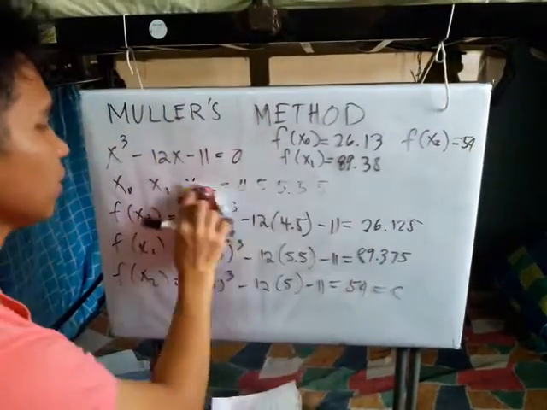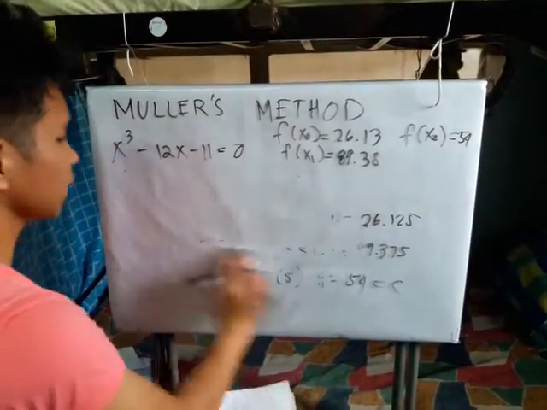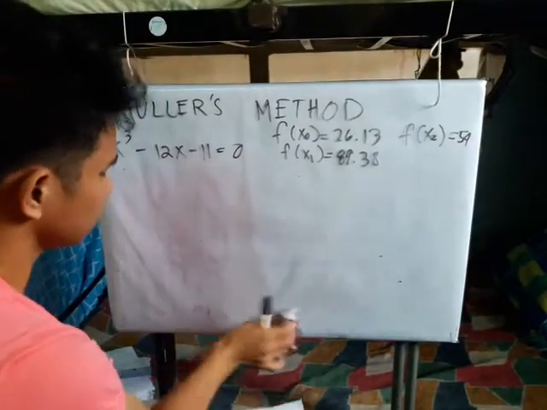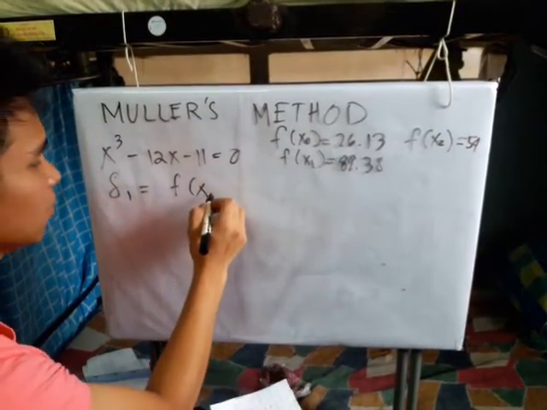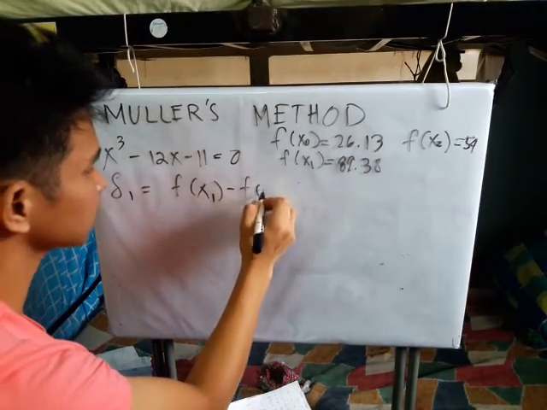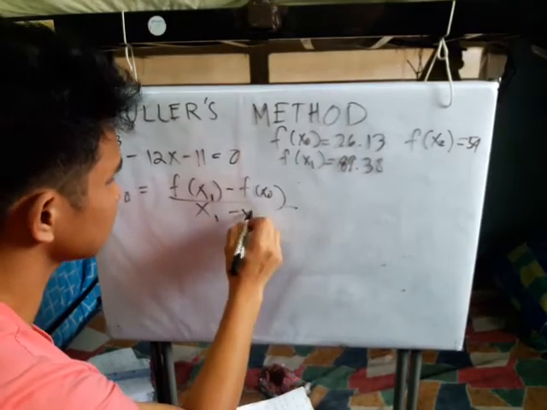So using the formula for Muller's method, we can find the delta 0. Delta 0 is equal to f of x1 minus f of x0 over x1 minus x0.